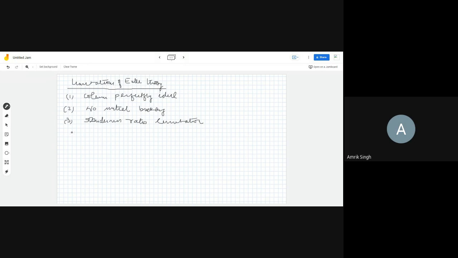So let us say the material is steel, the material of the column we take as steel. The yield stress for the steel is around 330 megapascal.